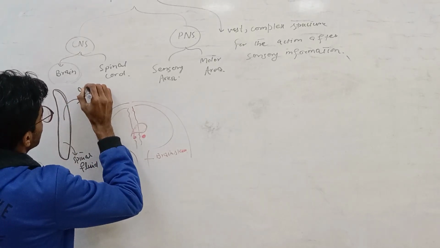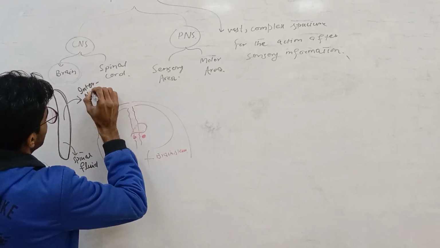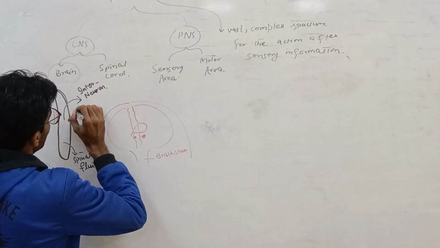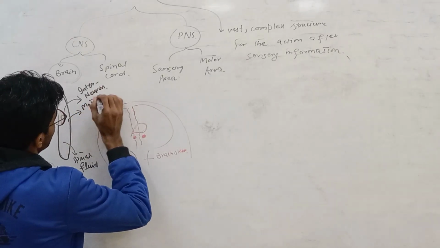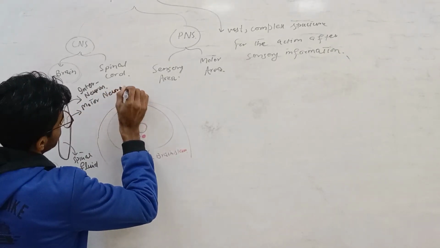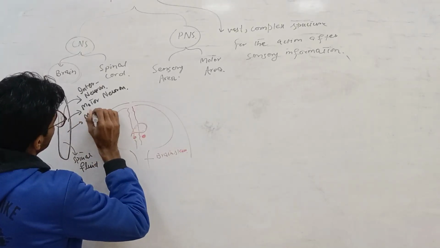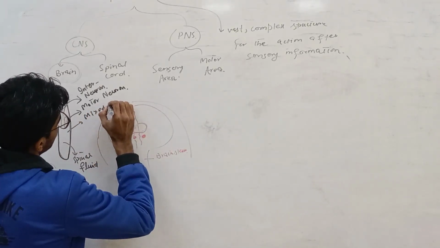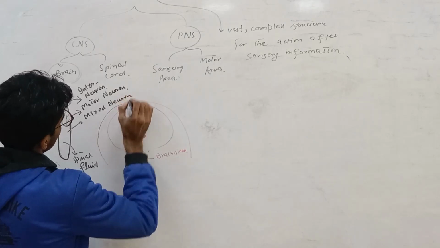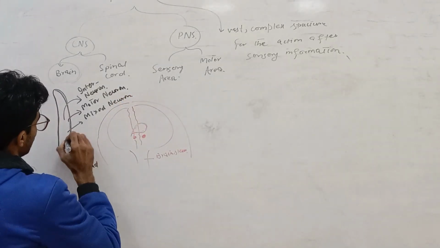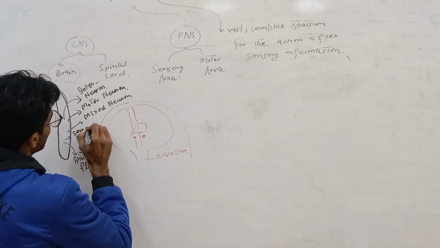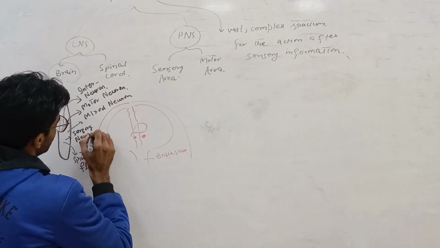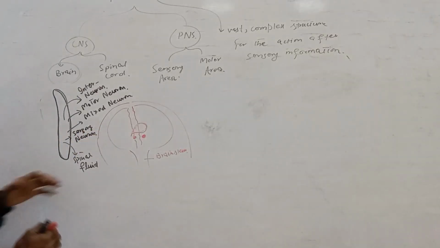These neurons include interneuron, motor neuron, mixed neuron, and sensory neuron. So different kinds of neurons are in the spinal cord and brain.